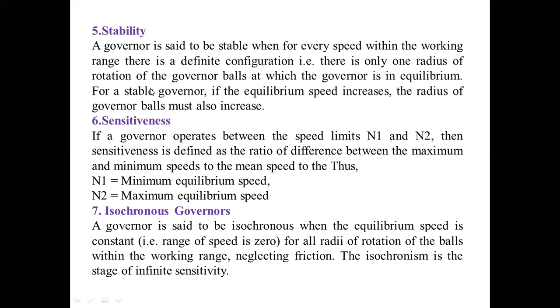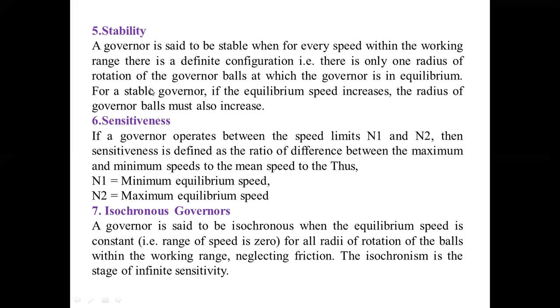It will not occupy different radii of rotation for different speeds, but the same definite position. That is, only one radius of rotation will be there for a stable governor.